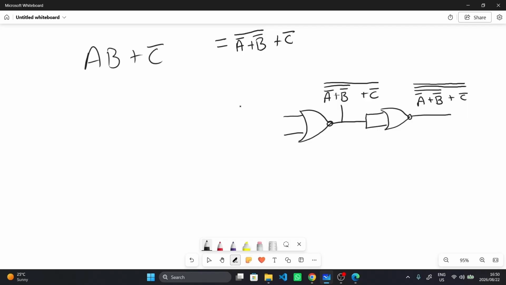Then you have two additions, so that means you will have your C not here, then your two inputs will be A naught plus B naught C, all of them not, right? So again, that means you will have somewhere here NOR gate as well.